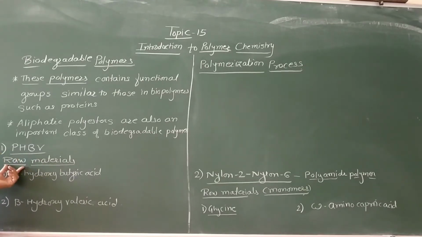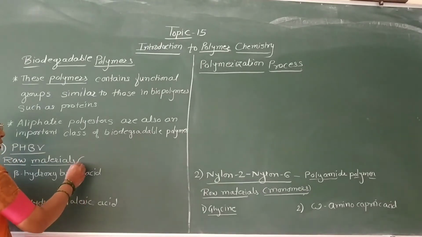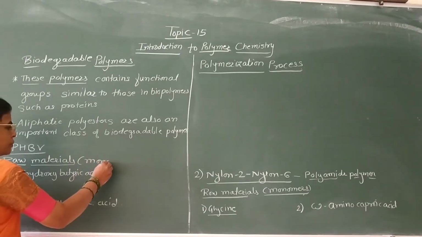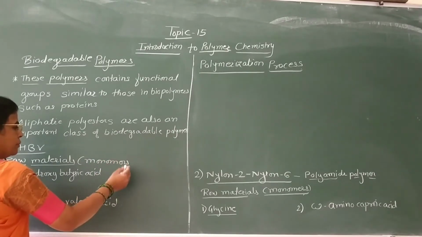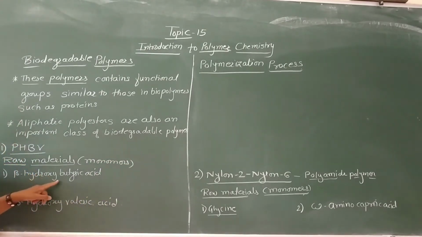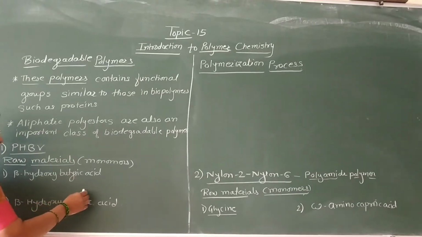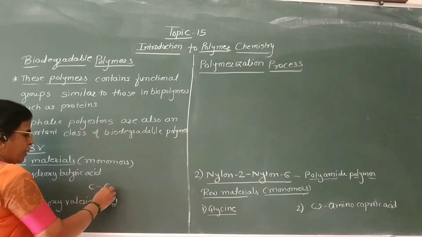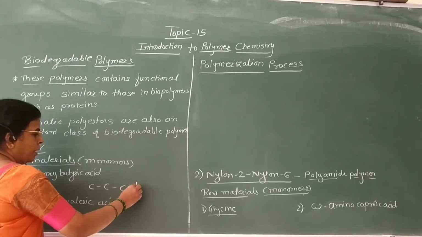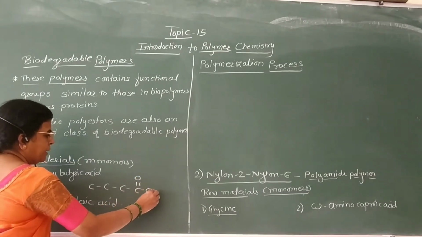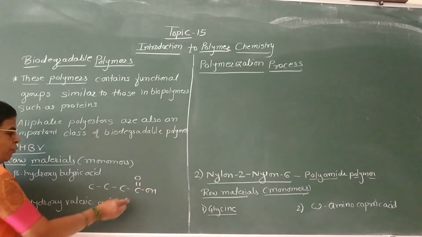Here the raw materials or monomers used are beta hydroxy butyric acid and beta hydroxy valeric acid. Now we are going to see the structure. Butyric acid has 4 carbon atoms, and as it is an acid, write COOH.